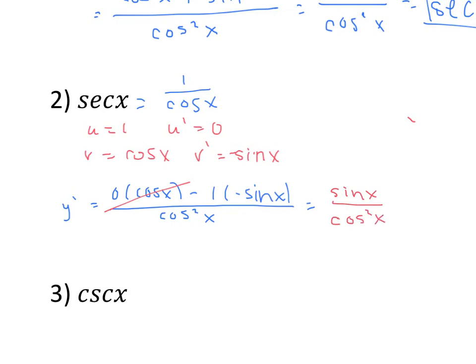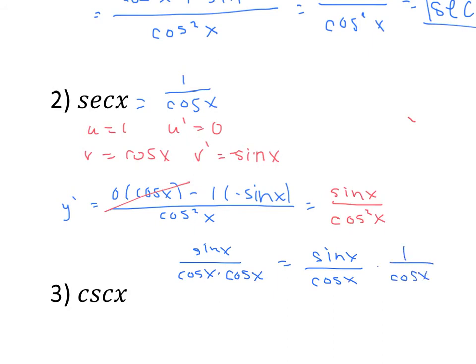Now, although, again, that's the correct answer for the derivative of secant of x, that's not actually how it appears in your textbook, or in any calc course for that matter. So if I go ahead and take my denominator and expand that, that would give me sine of x over cosine of x times cosine of x. And if I separate my fraction, that's sine of x over cosine of x times 1 over cosine of x.